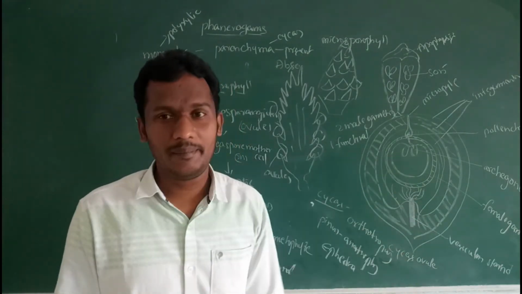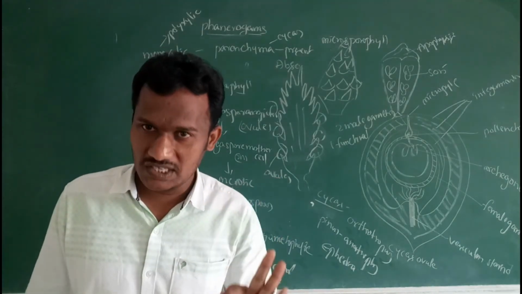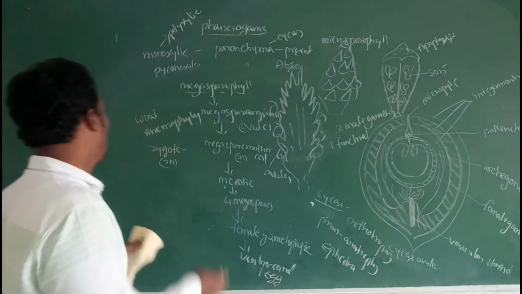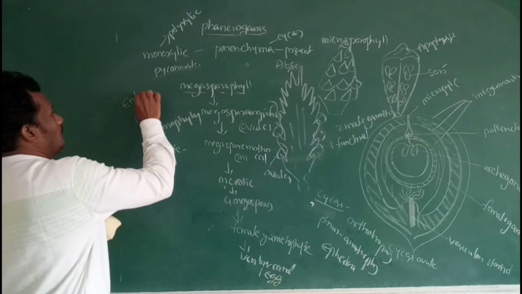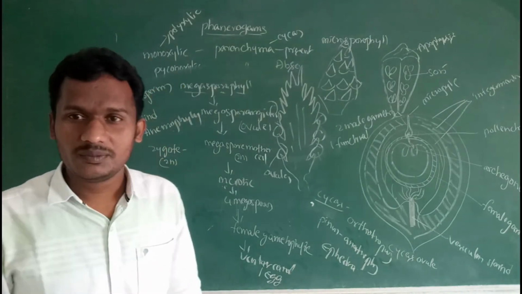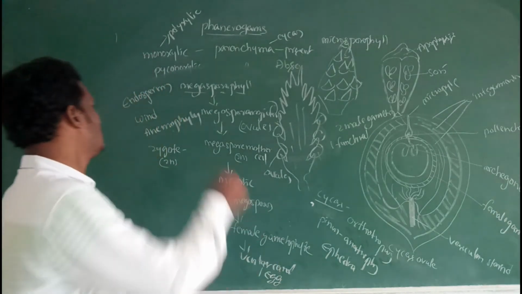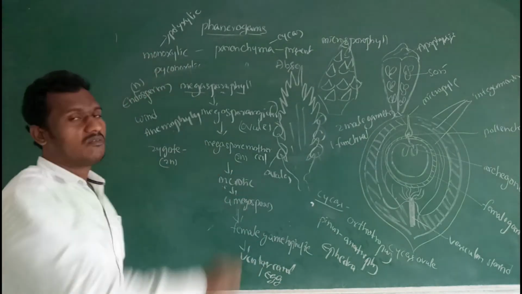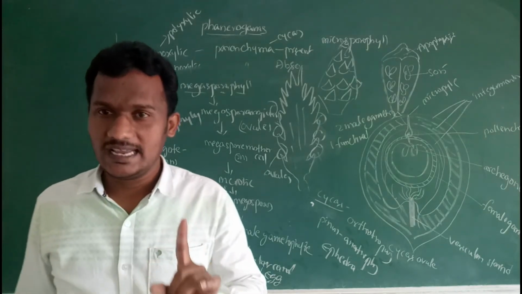So the female gametophyte develops into endosperm before fertilization. That's why in gymnosperms, endosperm is haploid and formed before fertilization.